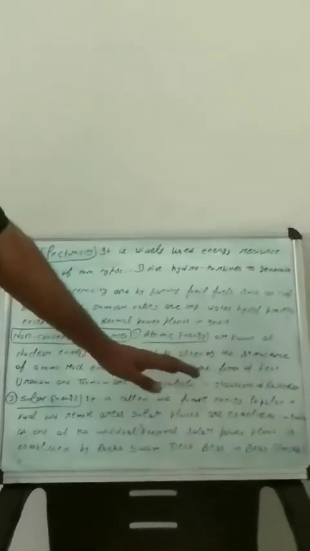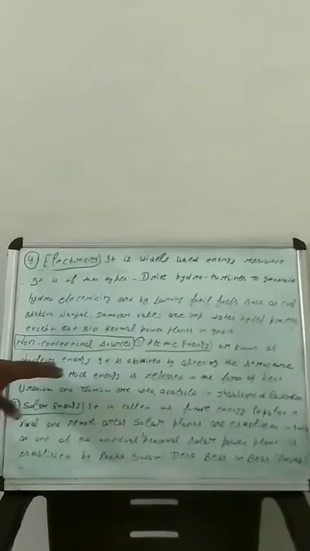After these 4 points of conventional sources of energy, we have non-conventional sources of energy, about which people do not know much so far. One is atomic energy, also known as nuclear energy, which is obtained by altering the structure of atoms.